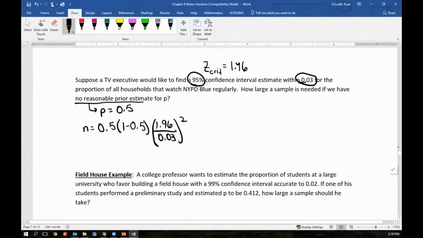This calculation should look familiar. We've already done this calculation once. That's the reason I'm breezing through the calculation aspect. 1,068 households.